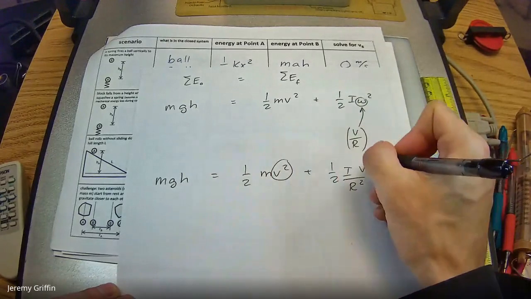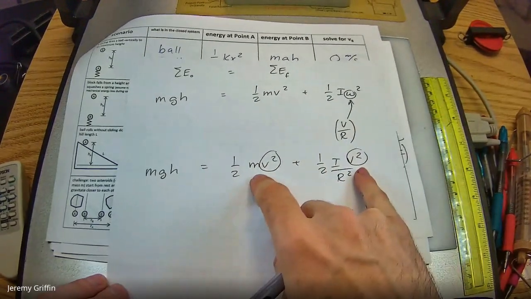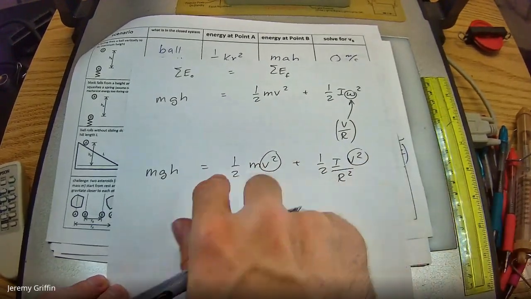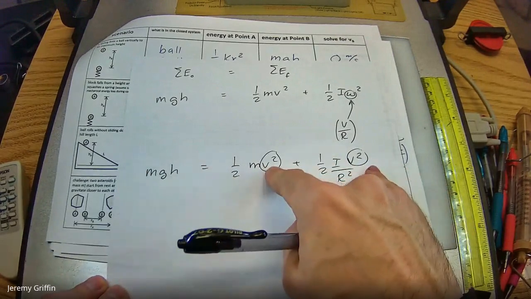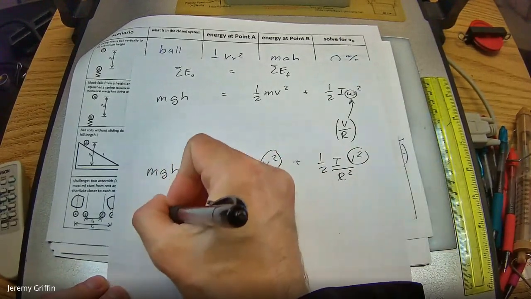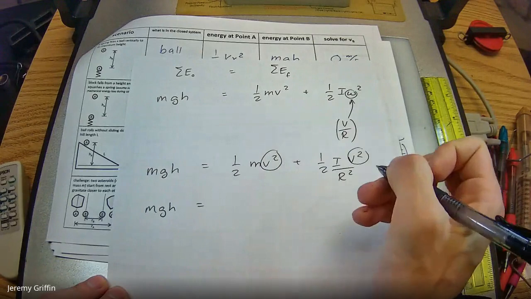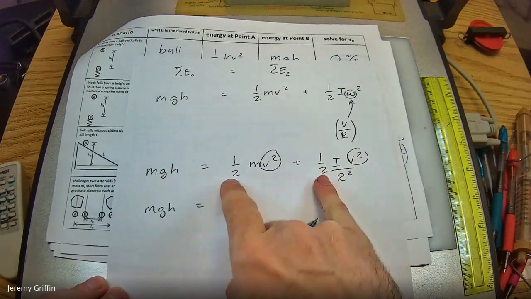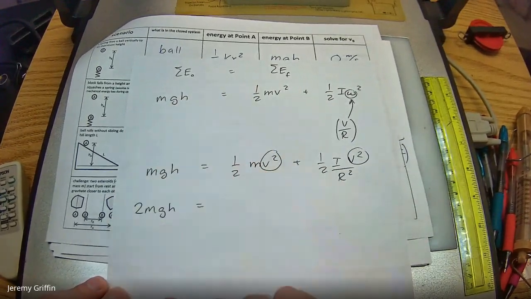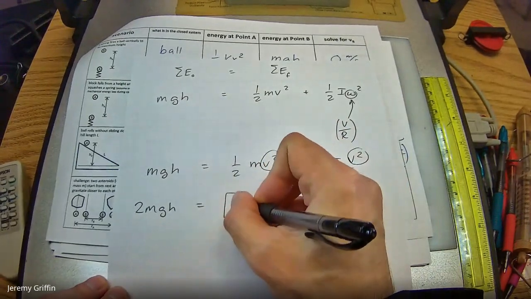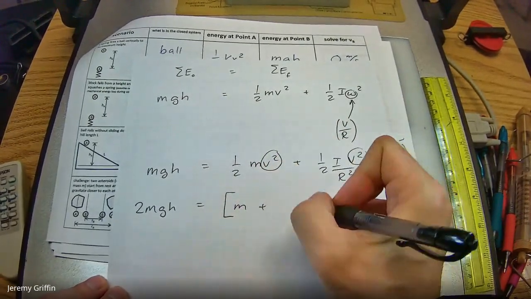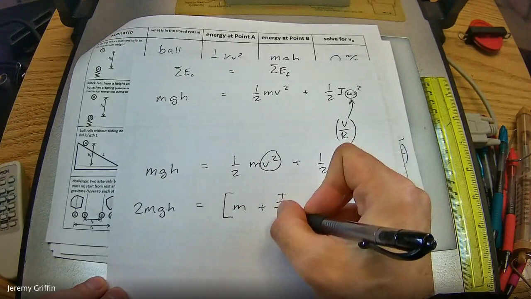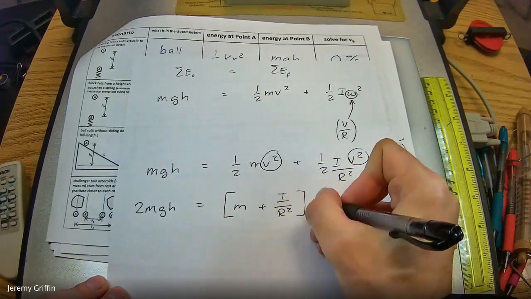This v squared, I can factor out of these two terms. I have three terms, right? You can factor this out. So mgh is, at the same time, I'm going to take this 2 and cross multiply it up just to get rid of that fraction. It'd be m plus I on r squared, all times v squared.